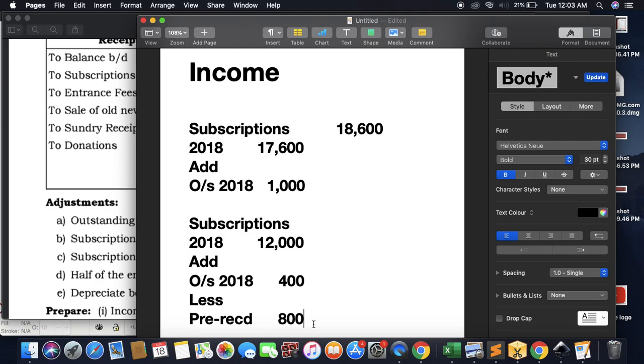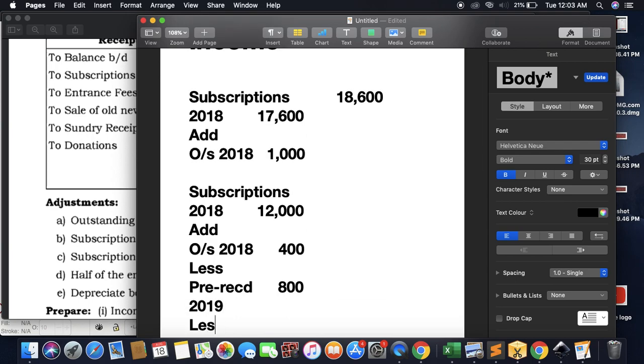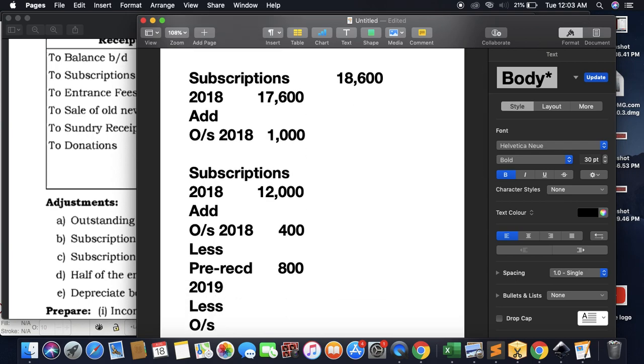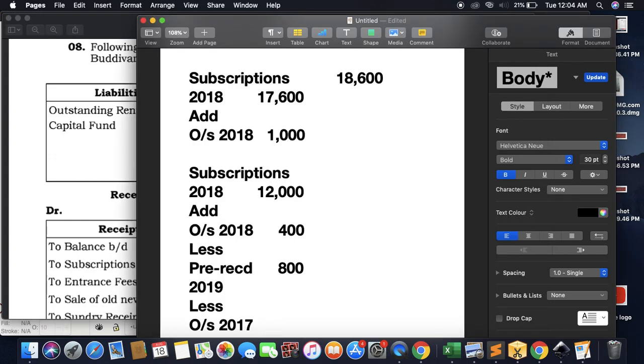This is actually for 2019. And less last year's outstanding 2017, which is outstanding 600. So here you can write 12,000 plus 400, that's 12,400, minus 800, that's 11,600, minus 600, so that is 11,000.